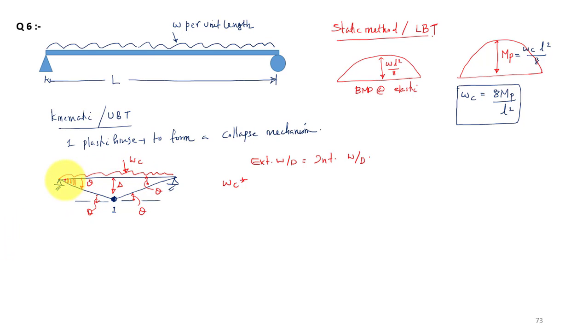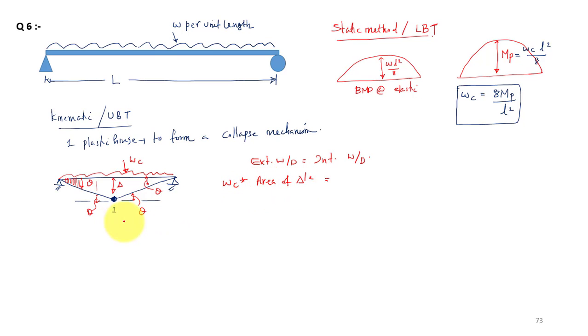We have the load of the same intensity WC throughout every section of your beam, so you have to multiply each and every ordinate. That ordinate summation will give you the area of this triangle. So I can write WC into the area of this triangle, that is my external work done in this case.